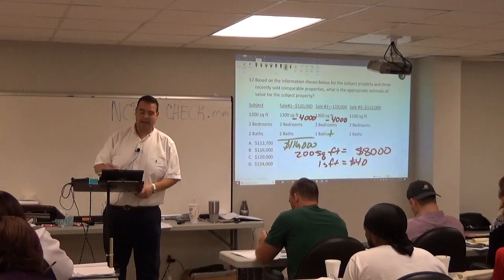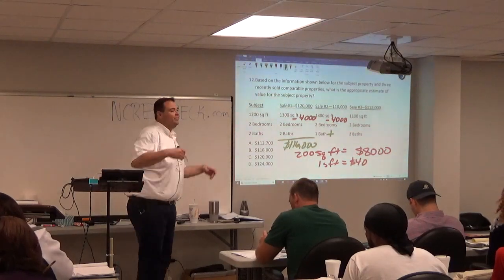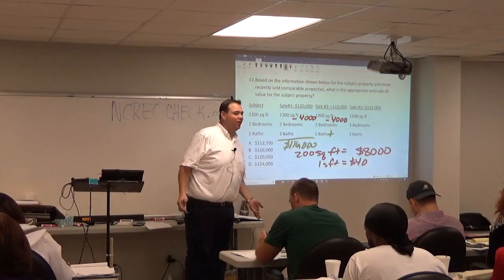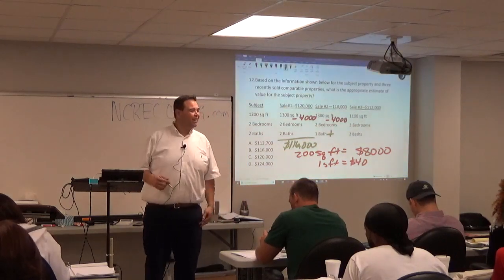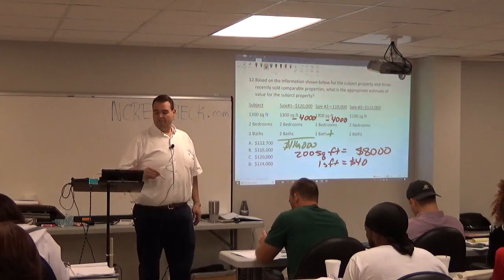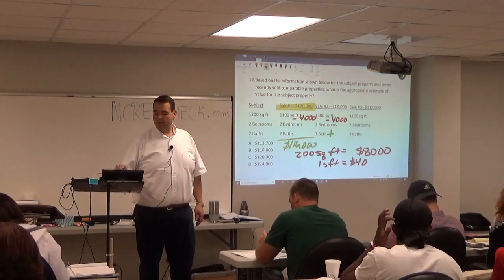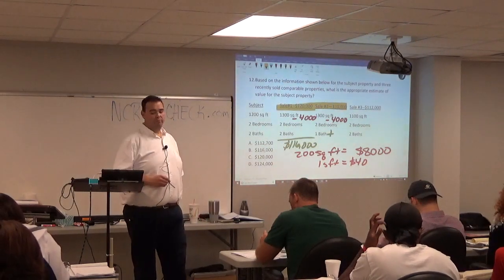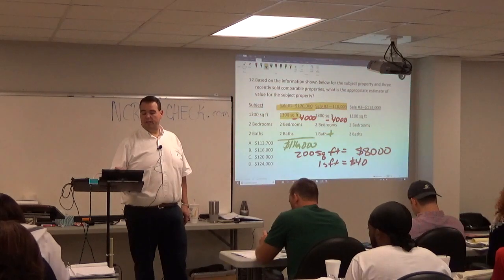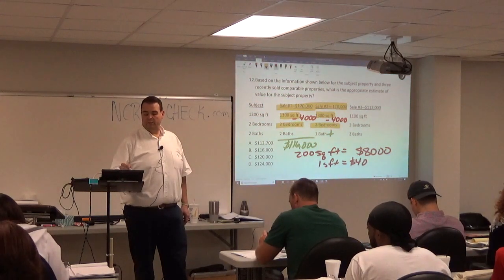Question is, by how much? Because again, they did not tell us, right? But can we find it? Look at 1 and 2. Are they the same square footage? Yes. Are they the same bedrooms? Yes. What's different?